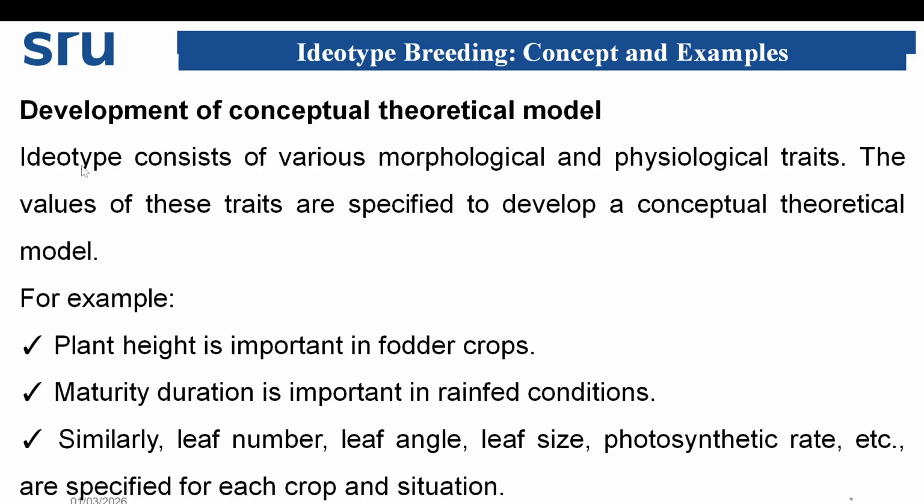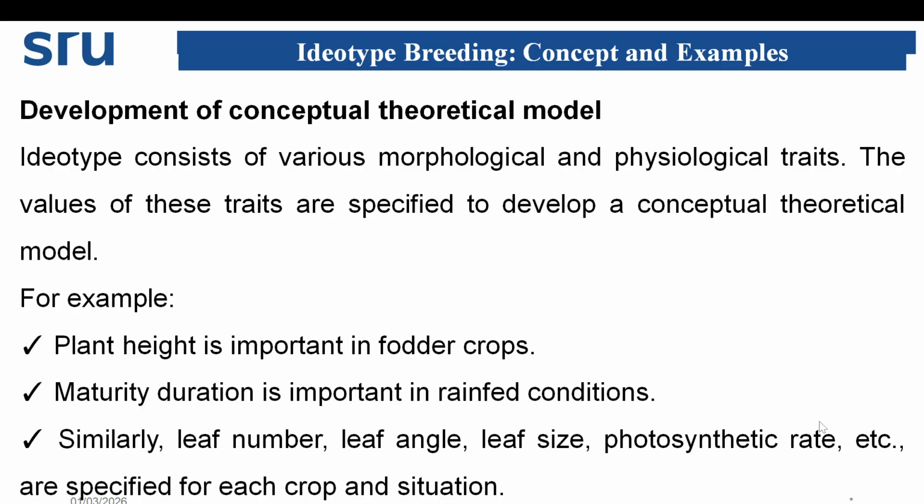As we have seen in the features, idiotype consists of various morphological and physiological traits. The values of these traits are specified to develop a conceptual theoretical model. For example, plant height is important in fodder crops. Maturity duration is important in rainfed conditions.